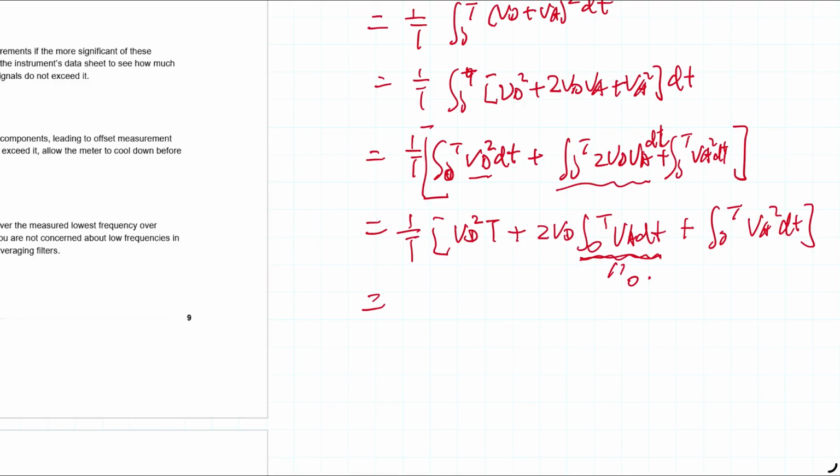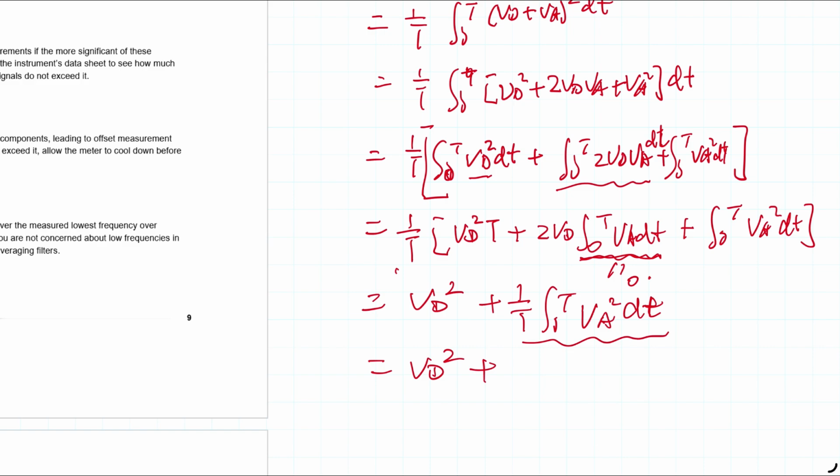What we are left with is VD squared times T. If we put 1 over T in front, we just get VD squared. And here, 1 over T and the integral from 0 to T of VA squared dt. So we have VD squared, plus the RMS value of the AC part, so it's VA RMS squared.